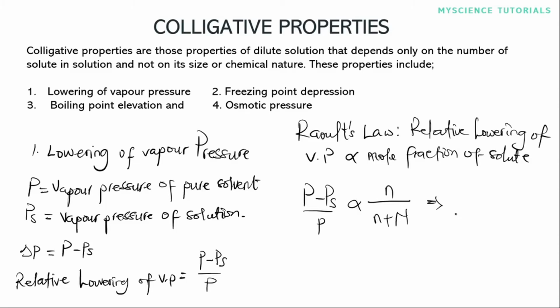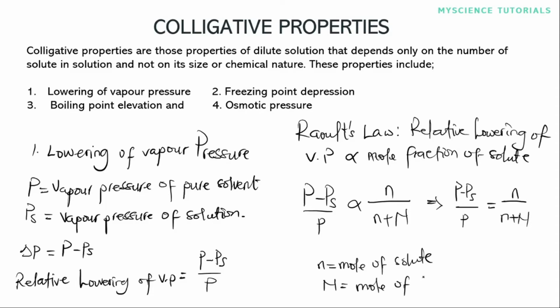The constant in this case is just 1, so we have P minus Ps over P equal to n over n plus N, where n is the mole of the solute, and capital N is the mole of the solvent.